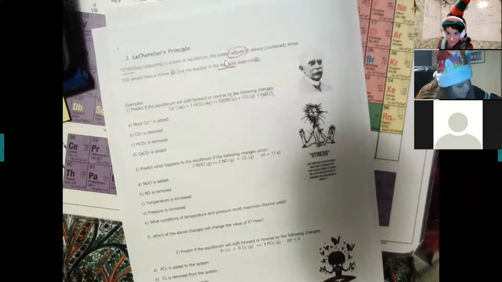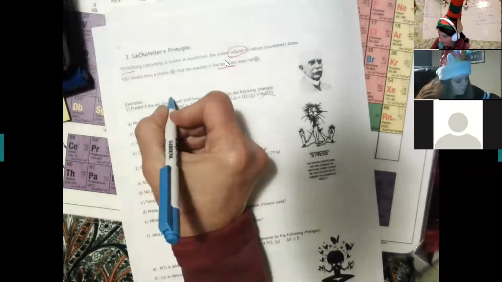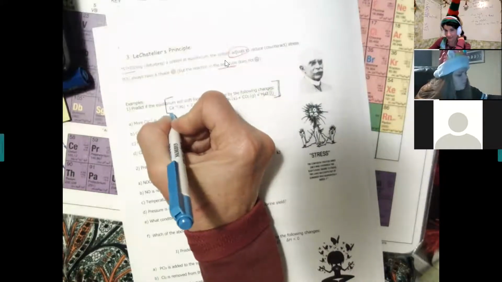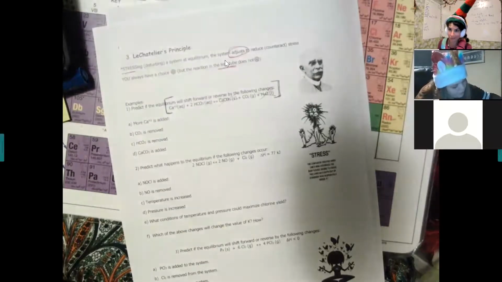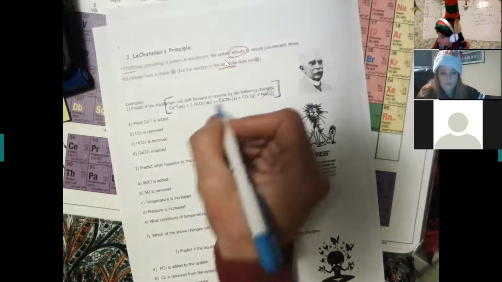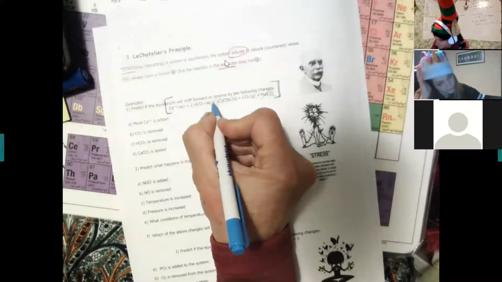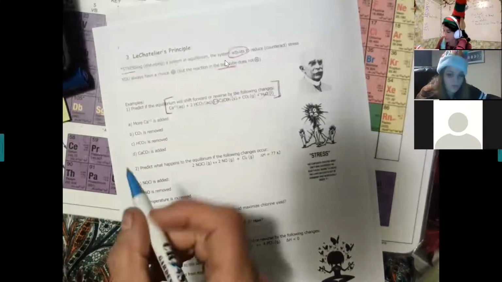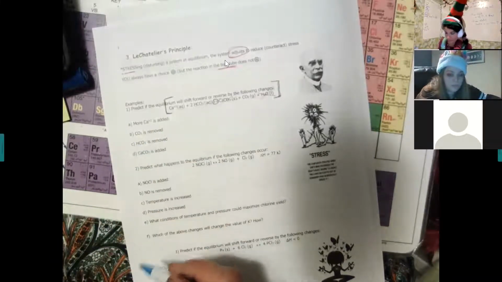Another thing, these are some things students have shown me, is to put a bracket around your equation. This bracket represents your test tube. You cannot leave the test tube. So there's our equilibrium point. That's our balance point, and we're going to stress. So you're either going to add or take away.